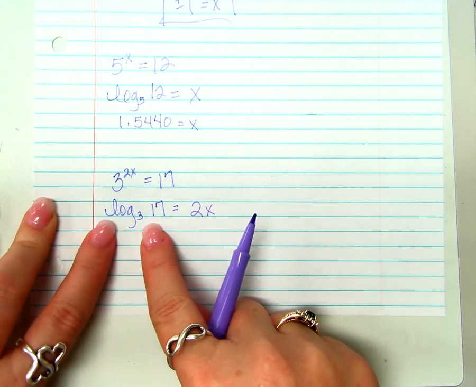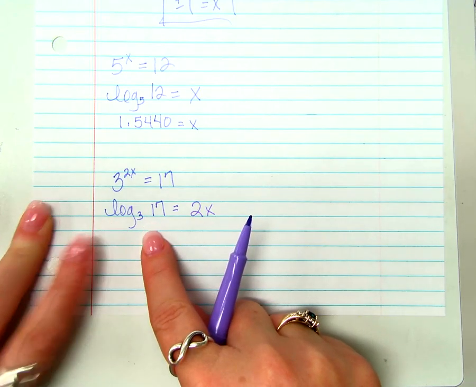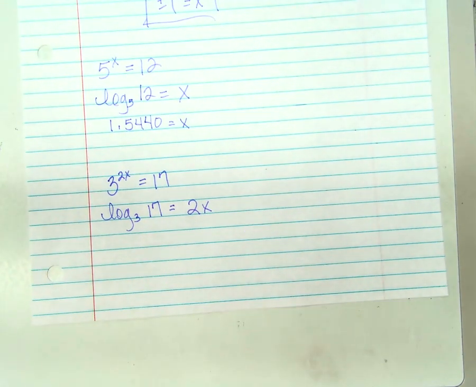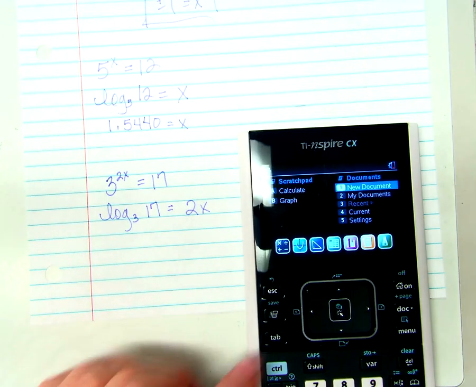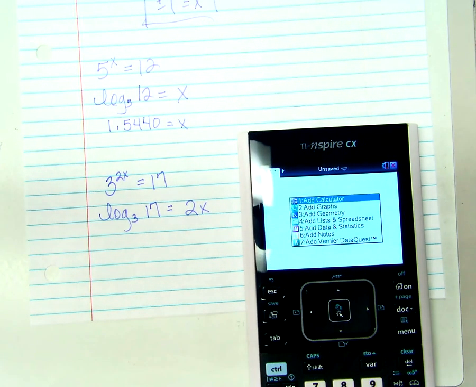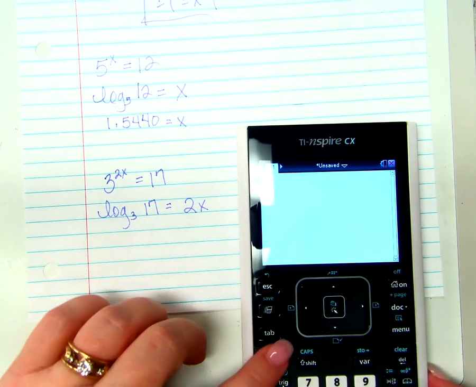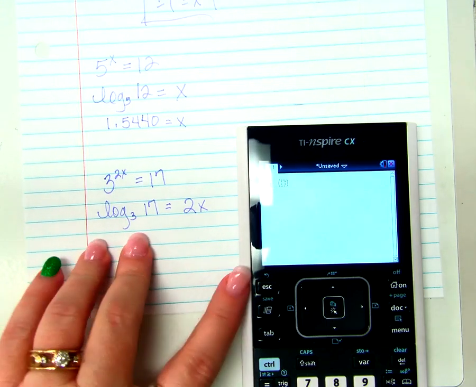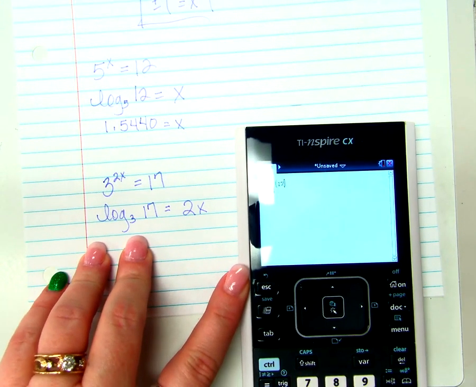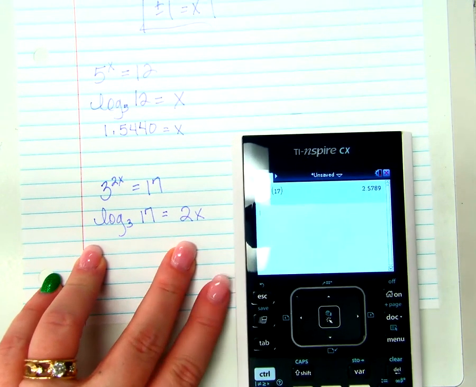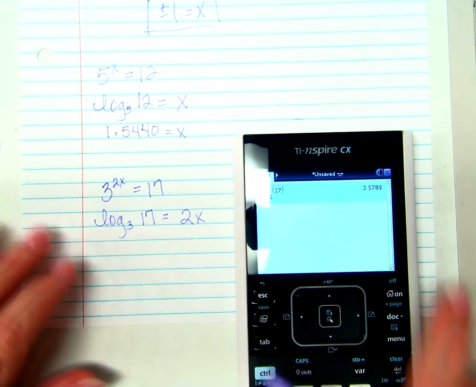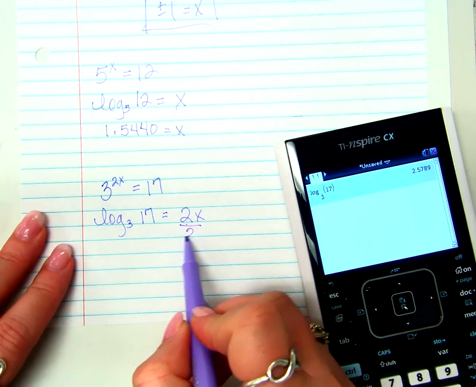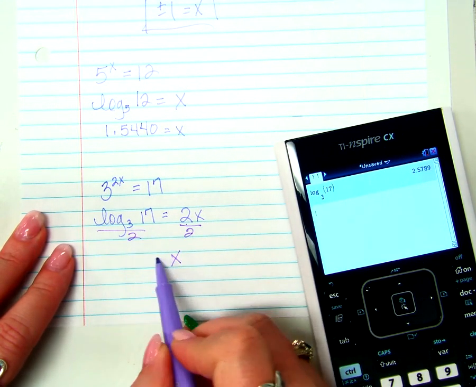When I put this in the calculator, that's not going to be my answer, is it? Okay. So, whoa. Sorry about that. So I'm going to do log base 3 of 17. And before I write down an answer, what am I going to do? Yeah, divide it by 2, right?